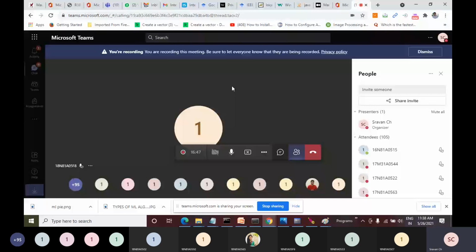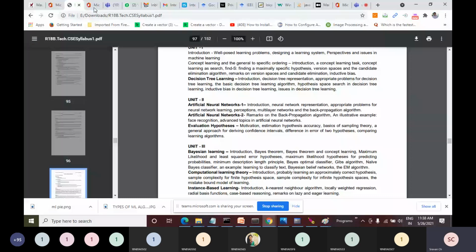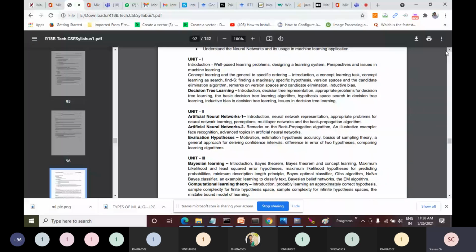So friends, if you look at the syllabus, this is Unit 1. We saw the introduction, well-posed problems, and designing a learning system, meaning the design issues in a machine learning model. There are around 8 important points under design issues, which we discussed in detail along with a couple of case studies.